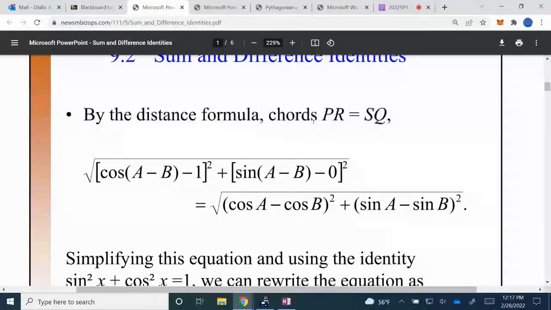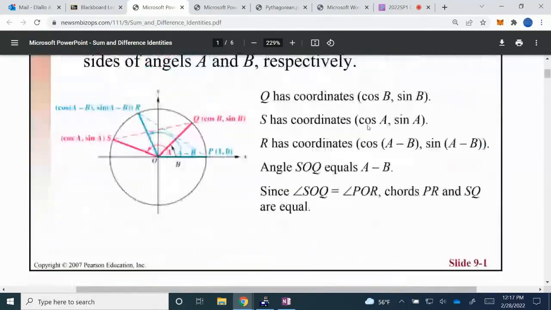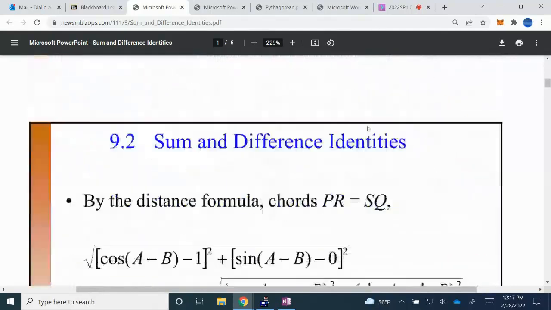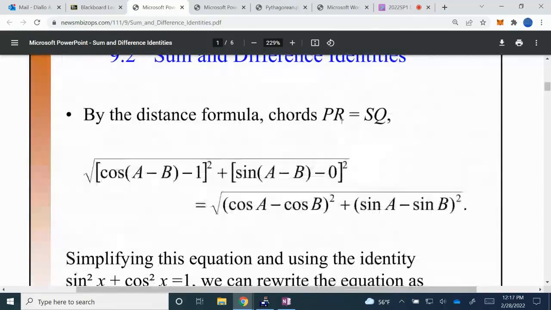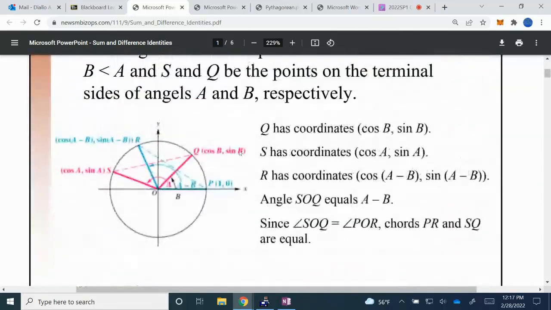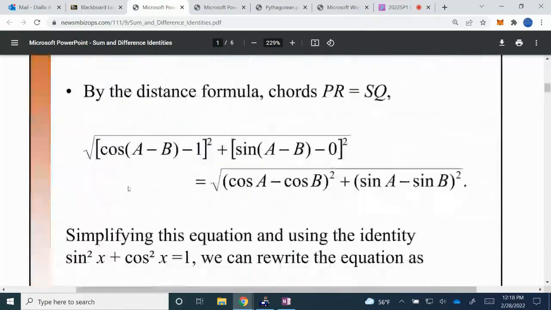So here's what's going on. We have PR equal to SQ, as we just saw in the drawing. To find the length of PR, we can use that distance formula. Remember from algebra, the distance formula was the square root of x sub 2 minus x sub 1, plus y sub 2 minus y sub 1.